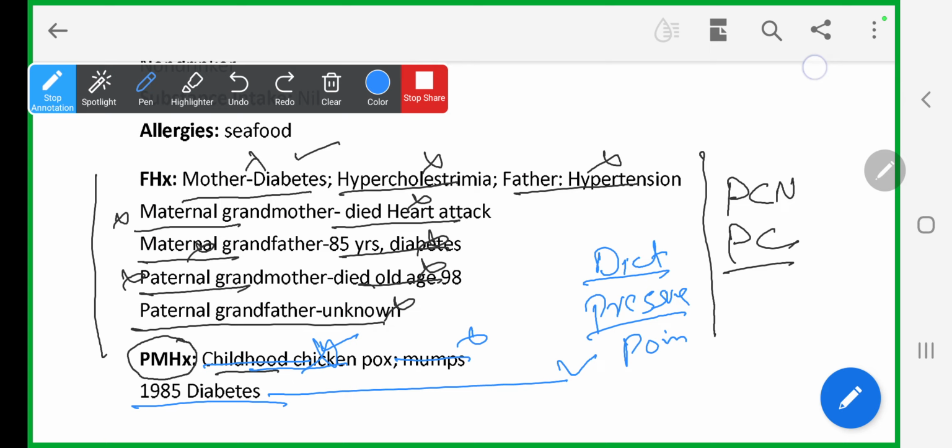We have to write about the diabetes, number one. And we also have to write about the food allergies. So these two things can be written. Afterward, we can write about the psychological support. The same sequence can be followed.